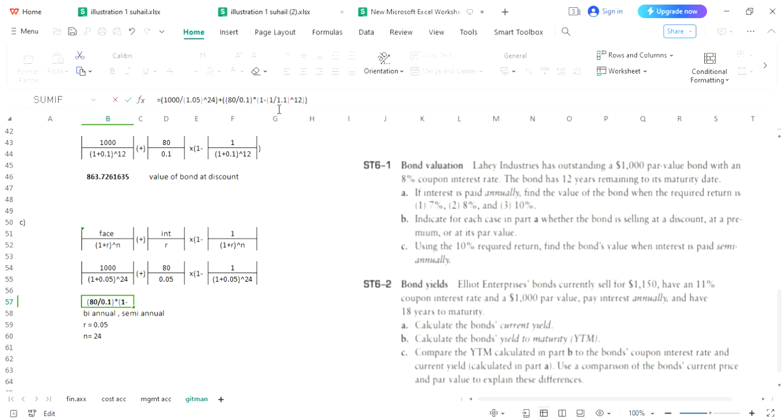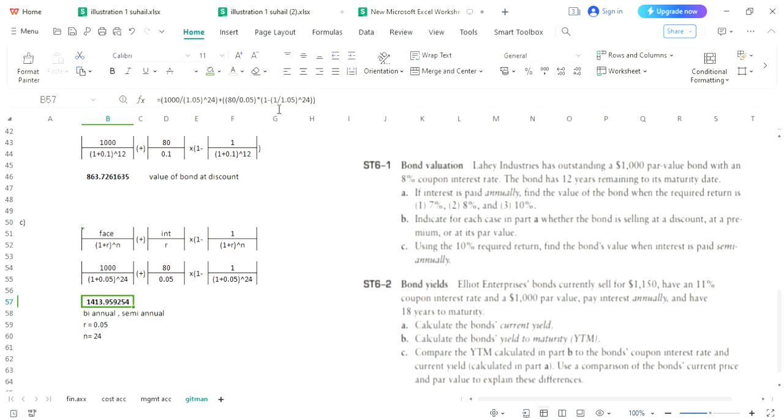Then proceed next. This was 10%, change it to 0.05. In the third part, replace 10% with 0.05. Now change its duration. Instead of 12 years you are going to write 24. So here we have our formula which is edited.